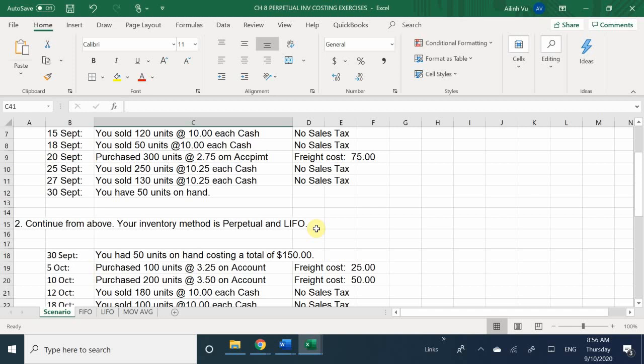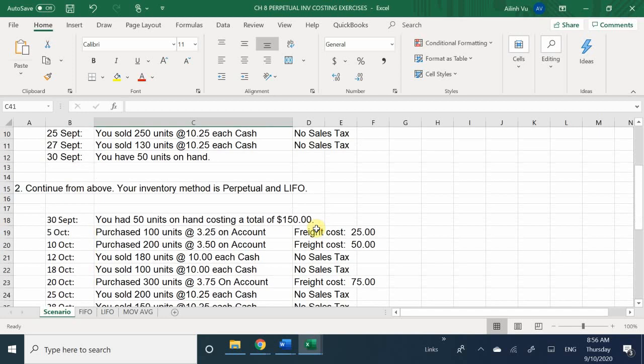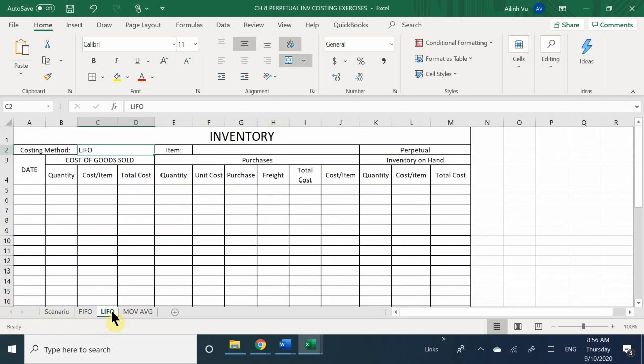But in this case, this is just an example so we'd be able to look at the problem and utilize all three in one shot so that I don't have to keep creating more stuff. So here on September 30th, it says that you have 50 units on hand, totaling a cost of $150. So let's go ahead and proceed.